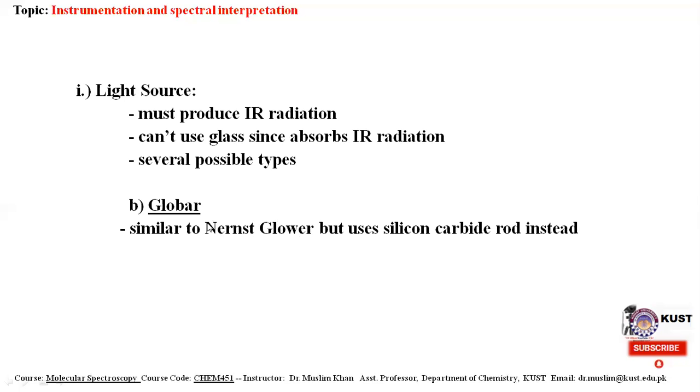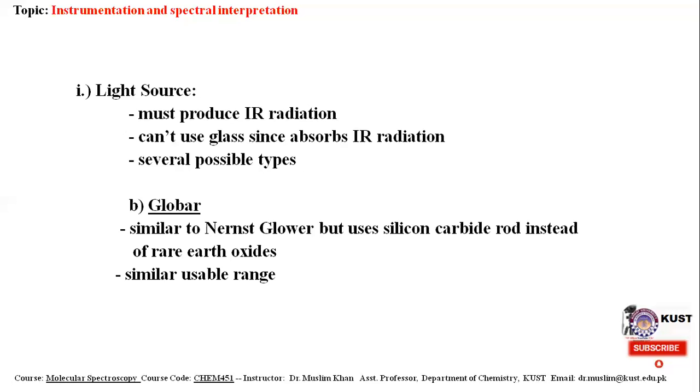But the Globar uses a silicon carbide rod instead of zirconium, cerium or thorium rare earth metal oxides. The range of use of this Globar in IR spectroscopy is quite similar to that of the Nernst glower.